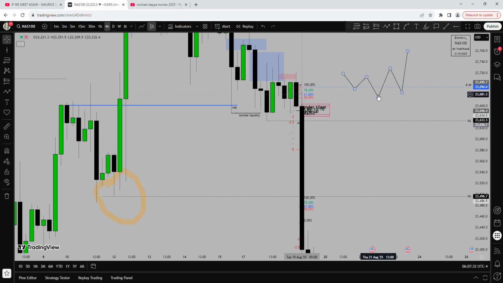I don't just want to see a sweep of liquidity. I don't want to see this. And then I don't want to see this. What am I drawing? Let me delete this. So I don't want to see this.